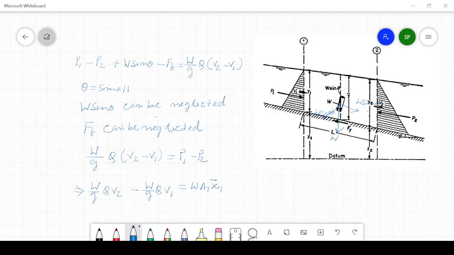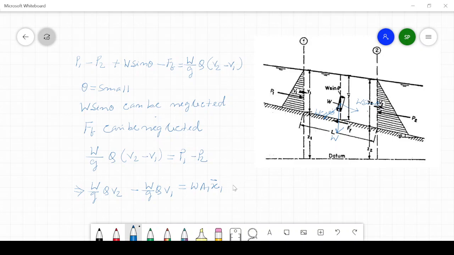X1 bar is your centroid distance. Clear? X1 bar is equal to your centroid distance. Then we can write this in this way also. W is equal to unit weight. So W A1 X1 bar is equal to what? Your pressure.